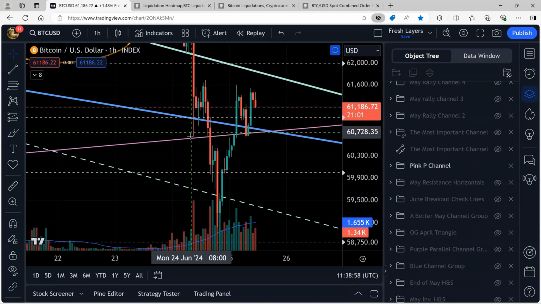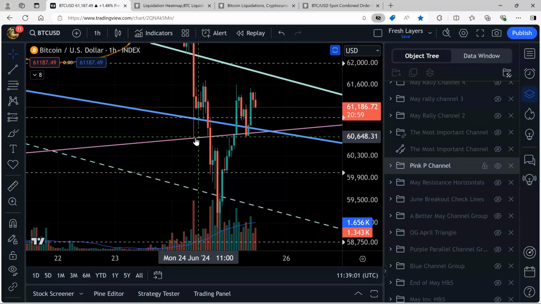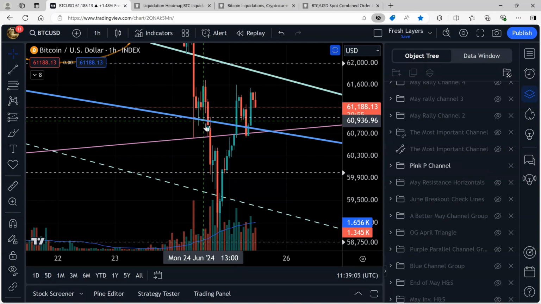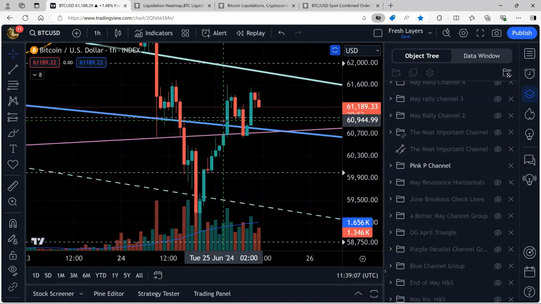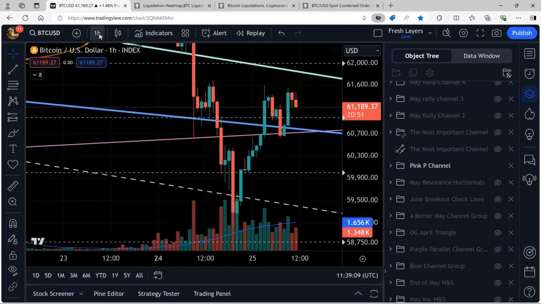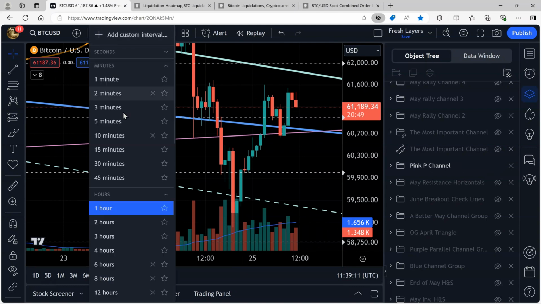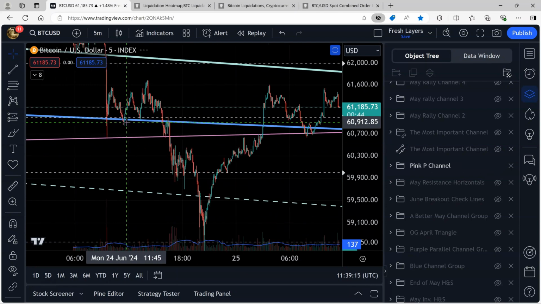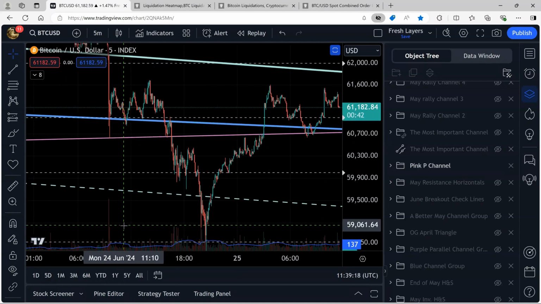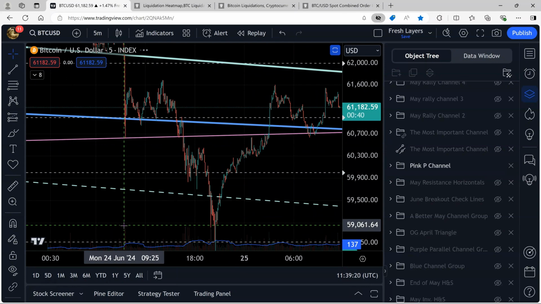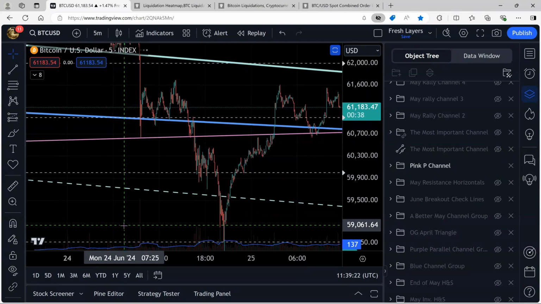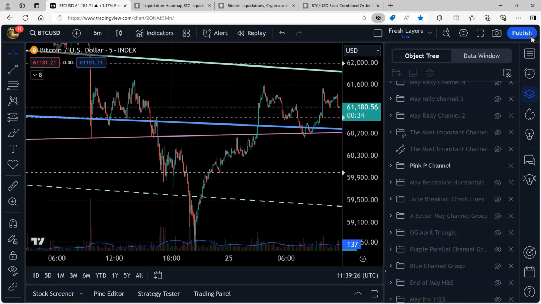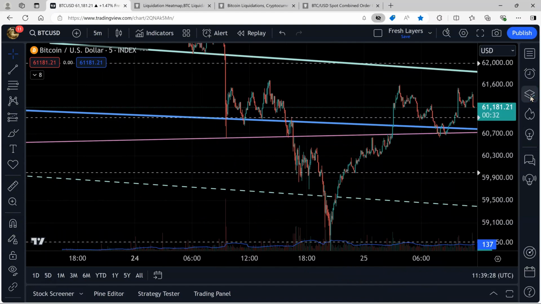We came right down to the top of this pink parallel channel, bounced off of it, interacted. Let's go to a 5-minute maybe. It's easier to see the interaction with the channels on the 5 minute. And let's get rid of these too. Let's really open this up.